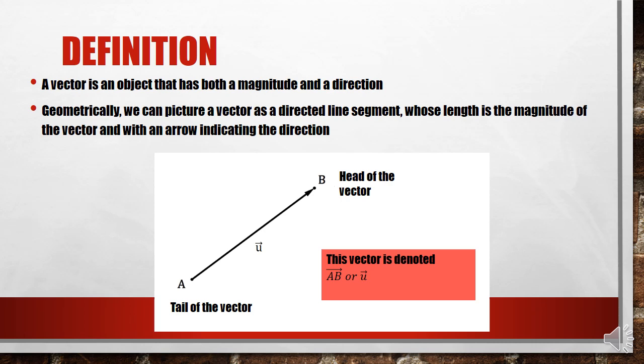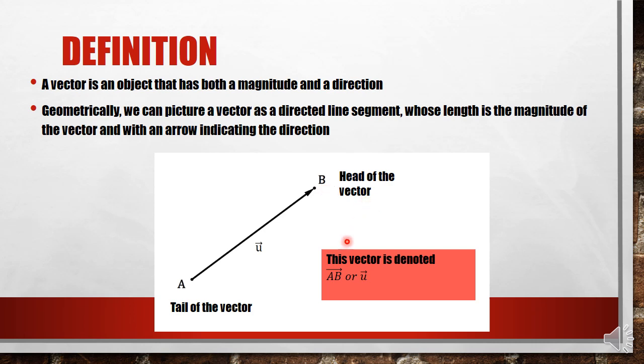Geometrically, we can picture a vector as a directed line segment, whose length is the magnitude of the vector, and an arrow indicating the direction, like this one, for example. Vector AB. The direction is from A to B. Point A is the tail of the vector. Point B is the head of the vector.